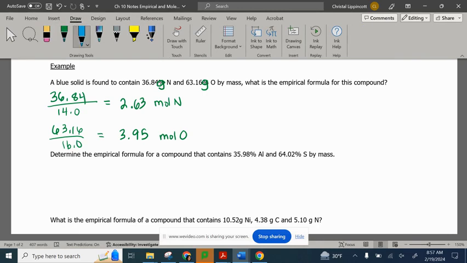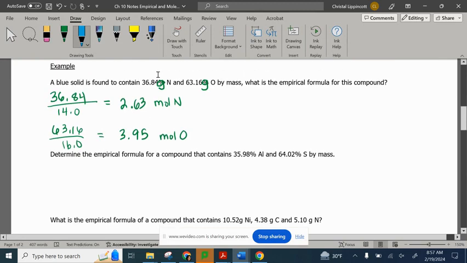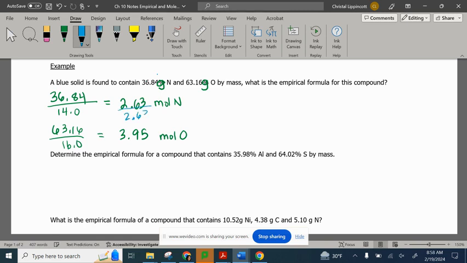All right. The next step, according to our rules up here, is that we're going to divide each mole value by the lowest mole value. So which one of these is smaller? This guy. So I'm going to divide everything by that lowest mole value. This, of course, will equal 1.